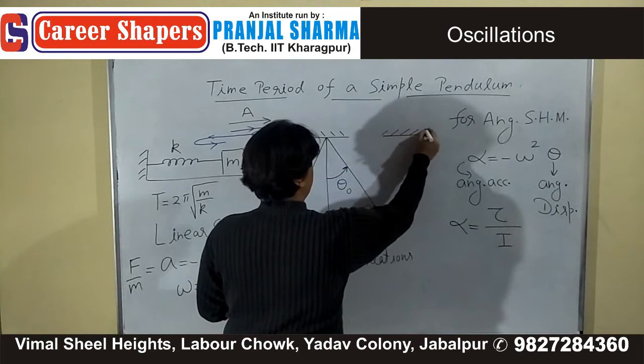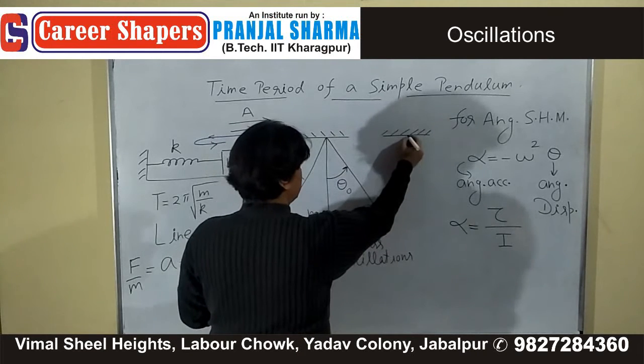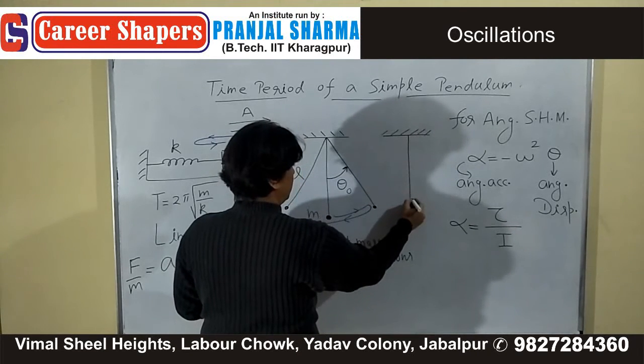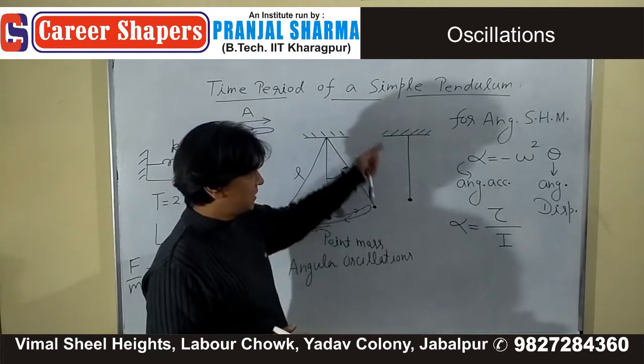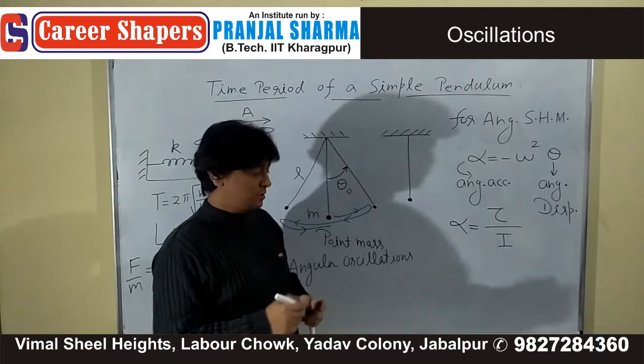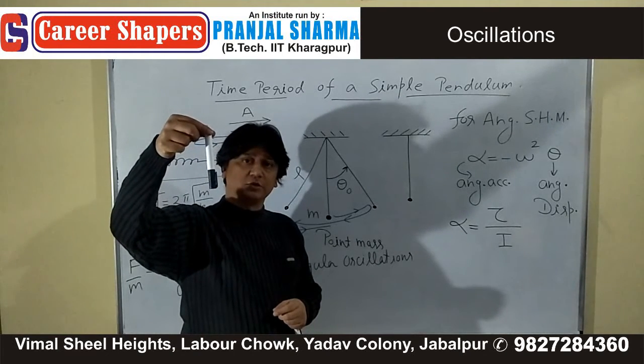Now, if I ask you where the mean position of a simple pendulum is, if you hang the simple pendulum like this and do not disturb it, it will remain like this only. That's the mean position.